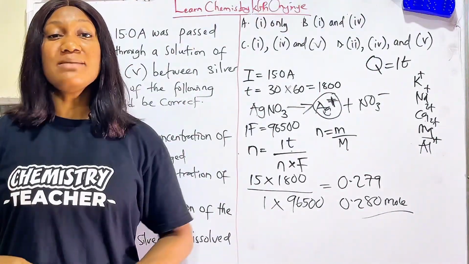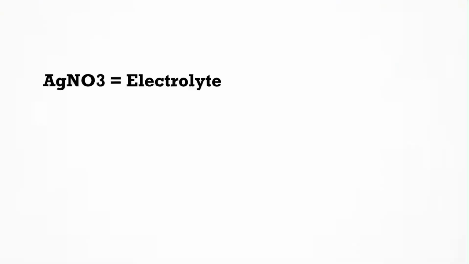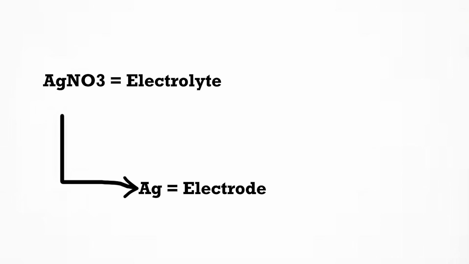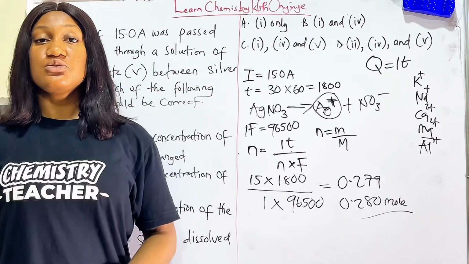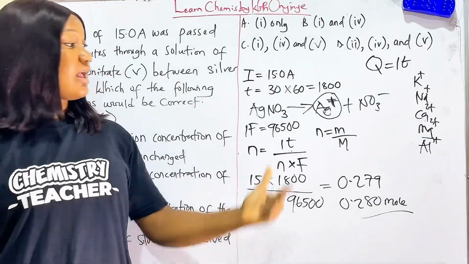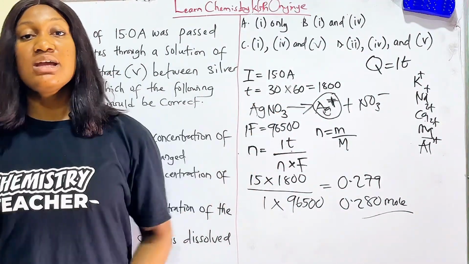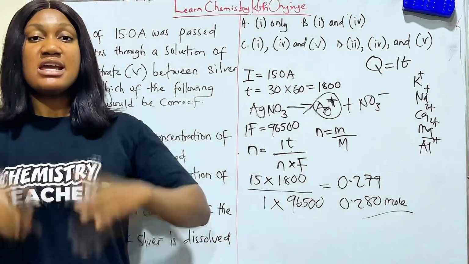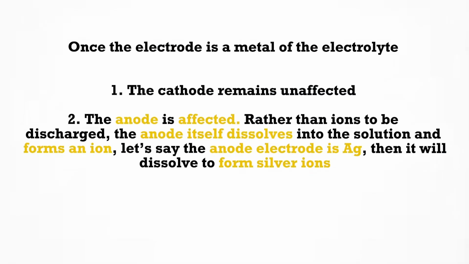When the electrode is the metal of the electrolyte used, for example, the electrolyte used here is silver nitrate and the electrode used is silver, the metal used is part of the salt or the electrolyte used in the reaction. So what's going to happen? Once you see a case like this, the cathode, that is where cations will go to, will be unaffected. However, the anode will be affected.